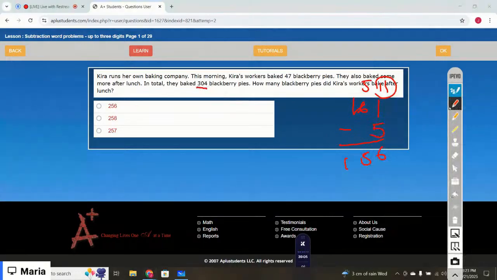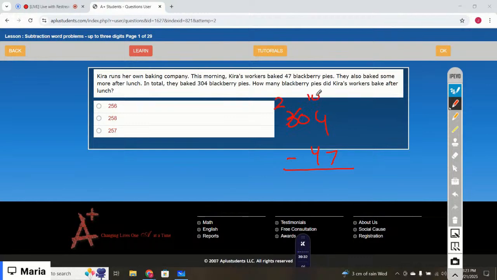So they baked 304 blackberry pies in total. Before lunch, they made 47. You need to count how many they baked after lunch, so you need to subtract. You cannot subtract 7 from 4. So you cannot borrow from 0.